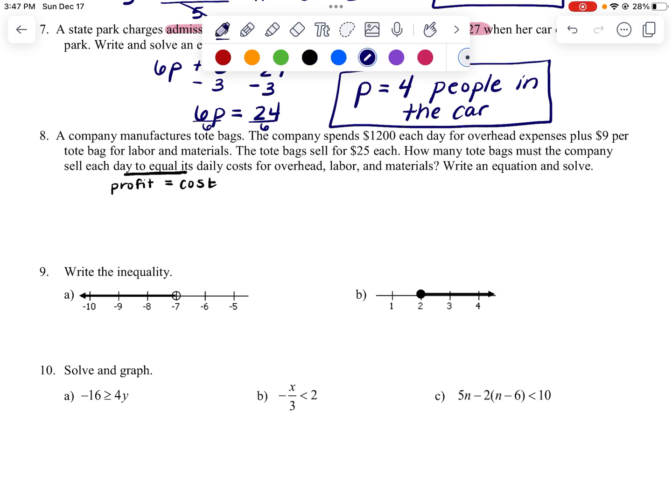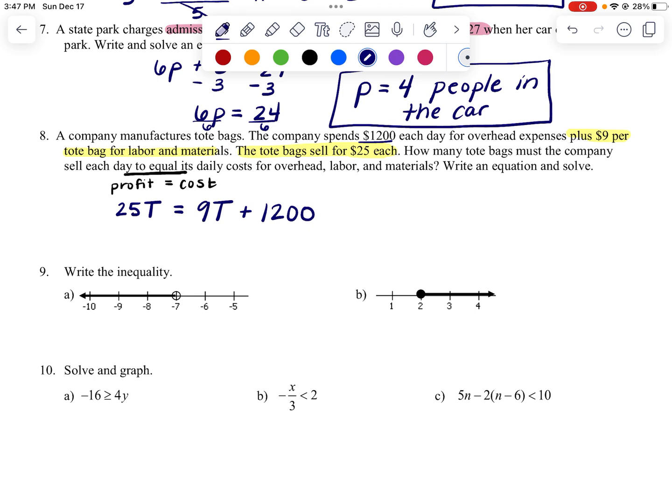So the profit is how much money they make. So they sell it for $25 for each tote bag. So the profit is $25 for the tote bag. And you want to know when it equals. Okay, it cost them $9 for the tote bag plus the overhead of $1,200 each day.